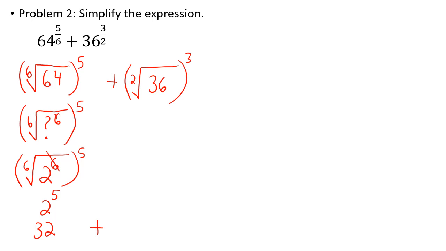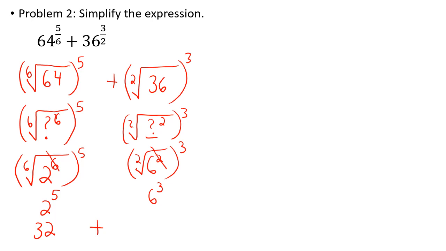Plus, we're going to do the same thing to the other side. We got to find a number squared to get us 36. 6 squared is 36. So now the square and the index of 2 will cancel out, leaving 6 to the 3rd.